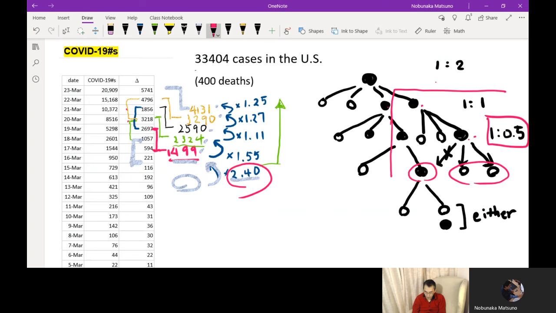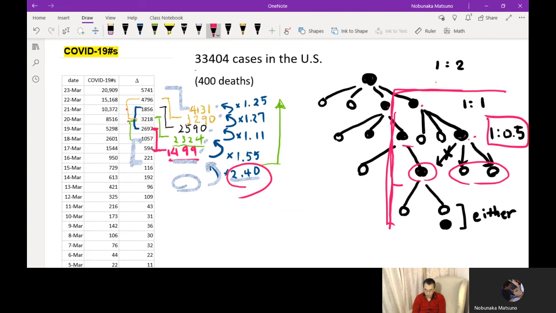So let me erase that. All right. So now, one person is infecting another person. For the sake of simplicity, let's think of this part right here. In this case, this person could infect this person or not. But again, for the situation here, let's go all the way down.